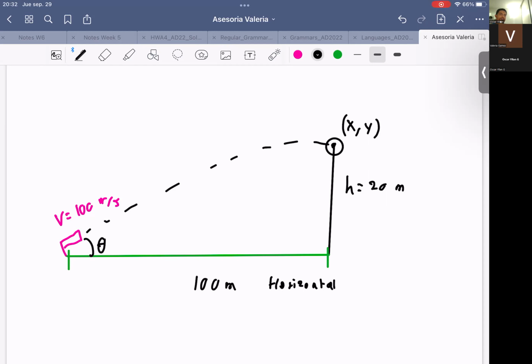That's really useful because you can use it a lot in real life, as an engineer. You have a gun that fires at 100 meters per second, so you know that with this angle, you will exactly hit that point, right?